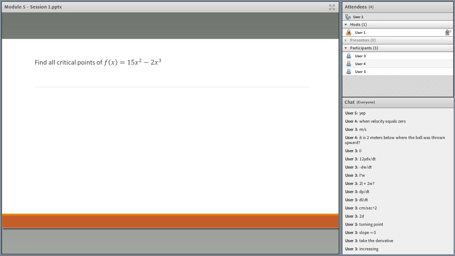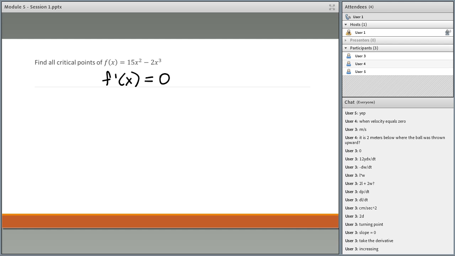Find the critical points. We know the critical points represent a potential local max or min, which means the slope of the tangent line is 0. So what we need to do is set the first derivative equal to 0.